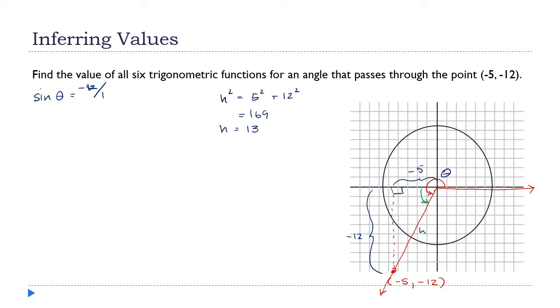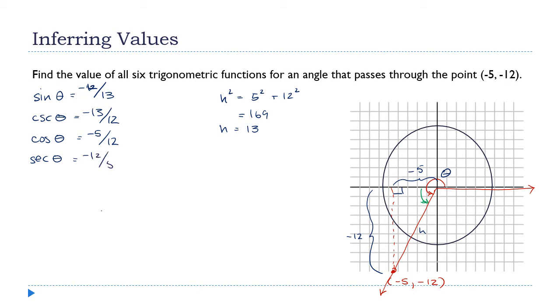Good, so there's my sine. Sine of theta is -12 over 13, and that means the cosecant of theta is -13 over 12, because it's 1 over the sine. The cosine of theta is the adjacent side divided by the hypotenuse, so this is going to be -5 divided by 13, which makes the secant 1 over that. Just flip it over.